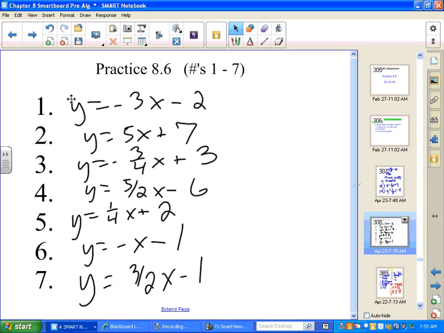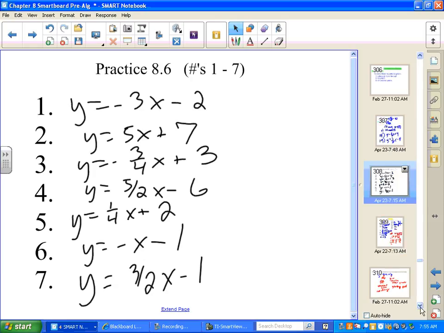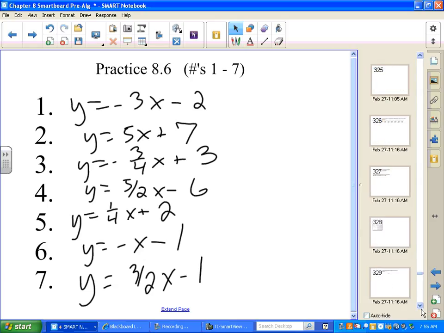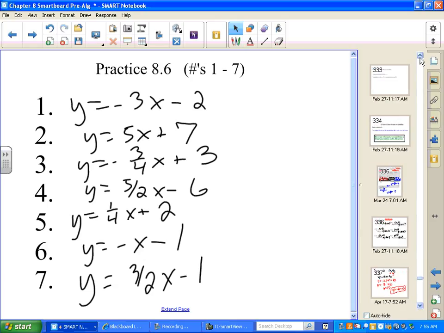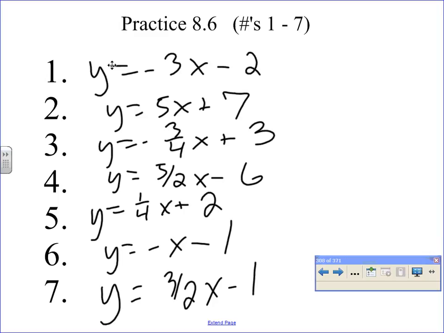We are on page 24. And of course, I'm going to add in some problems too. But let's start with page 24.